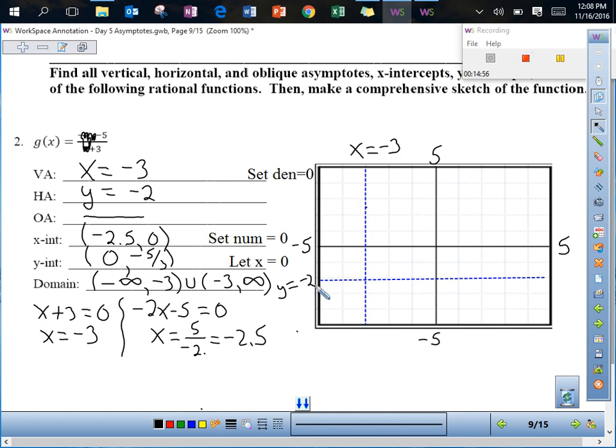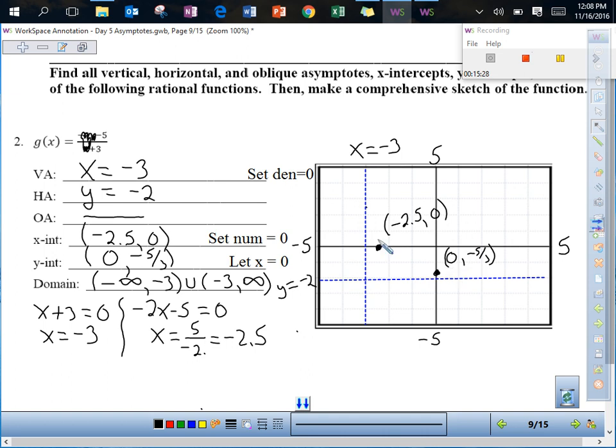Come and plug your points in and see if that's enough. So I've got -2.5, 0. So I've got an x-intercept right there. So check my dot out. Now let me label that -2.5, 0. And I've got a y-intercept at 0, -1 2/3. 0, -5/3.